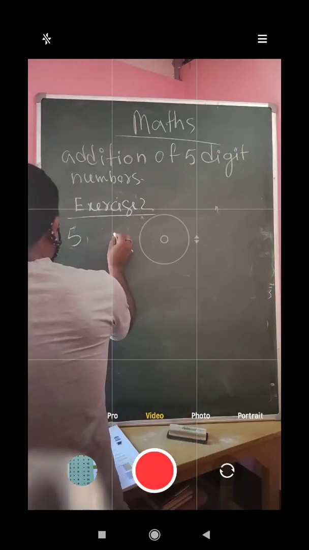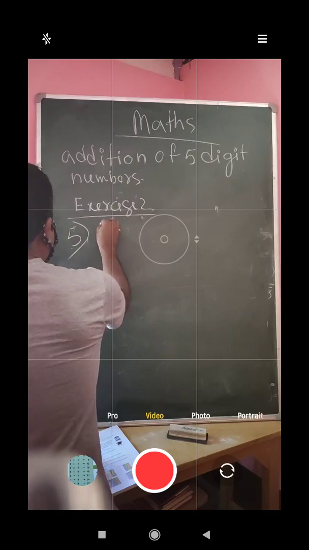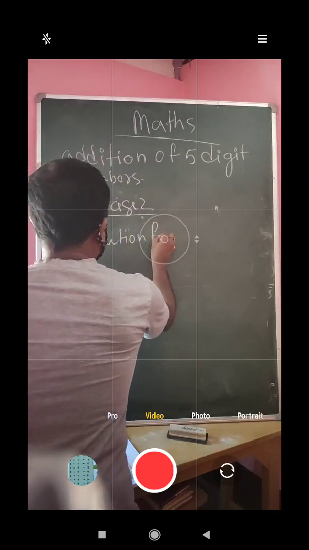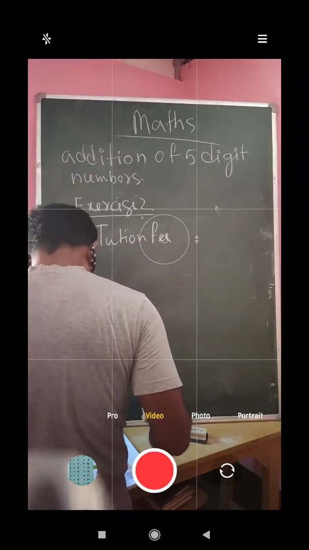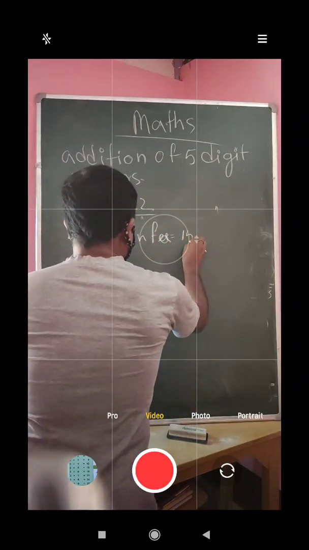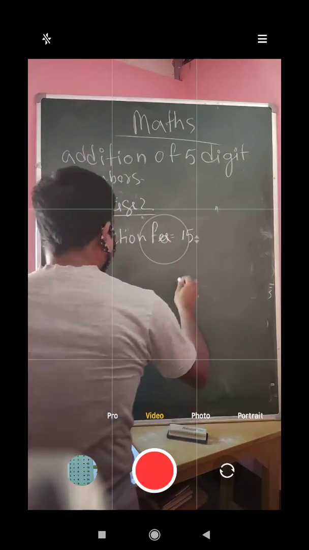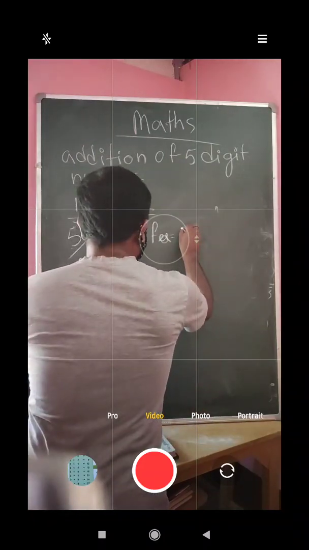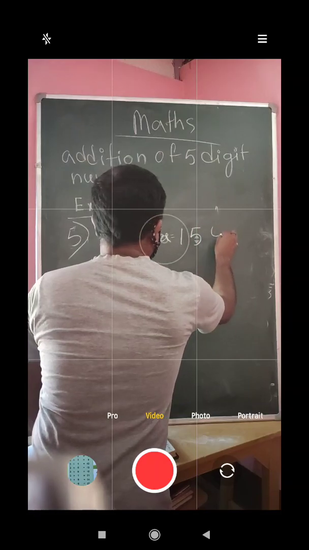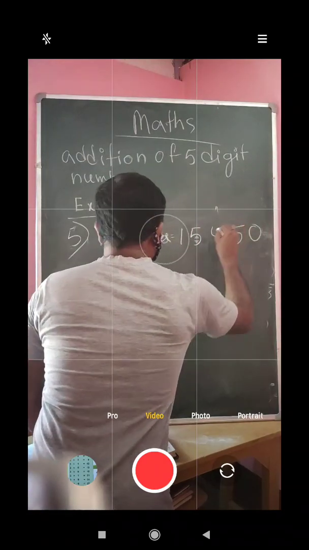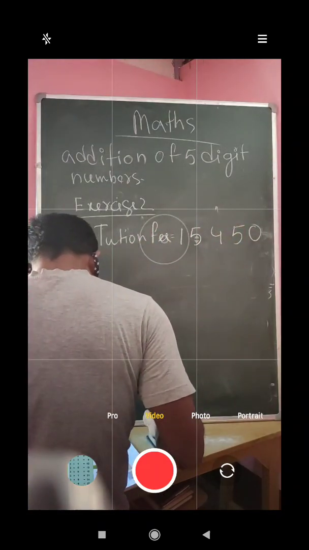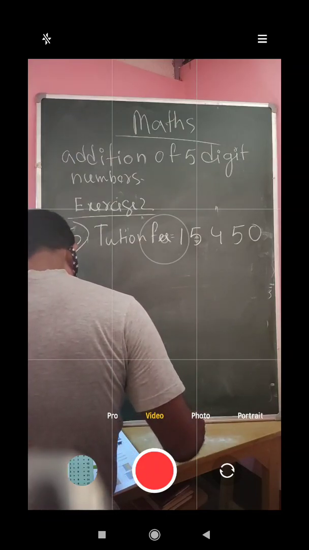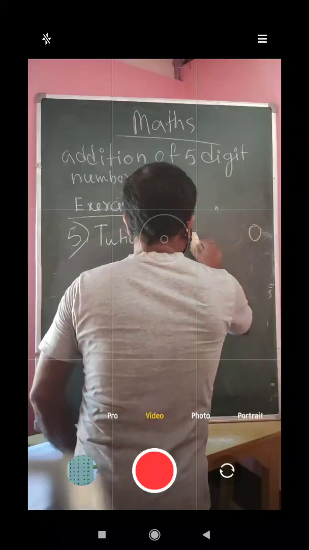Tuition fee. First you write tuition fee. How much? 15,450. No, not 15,000.